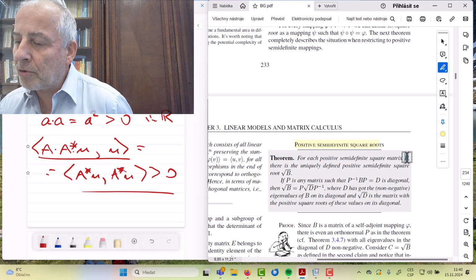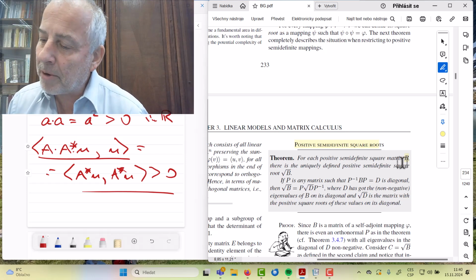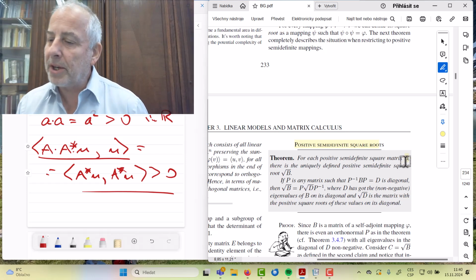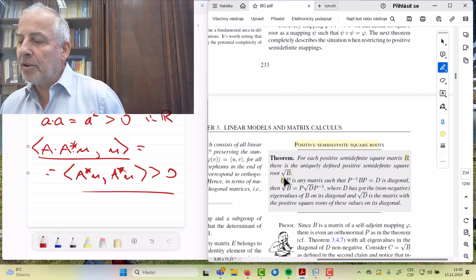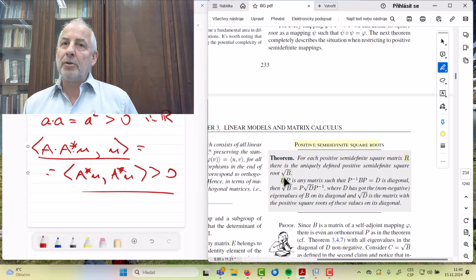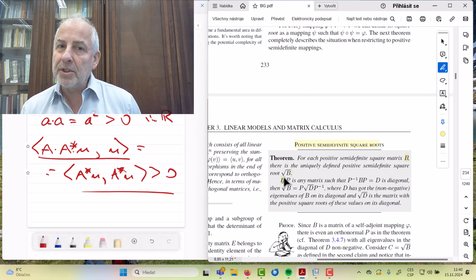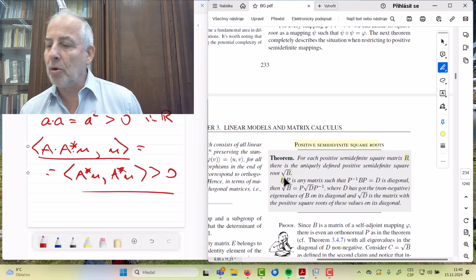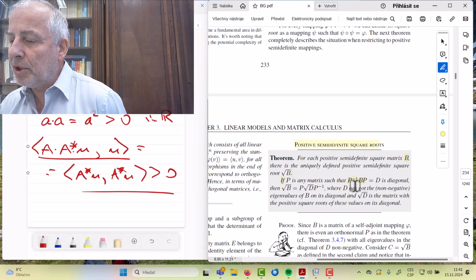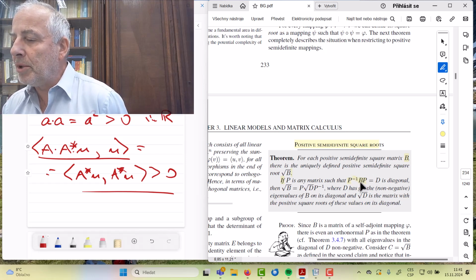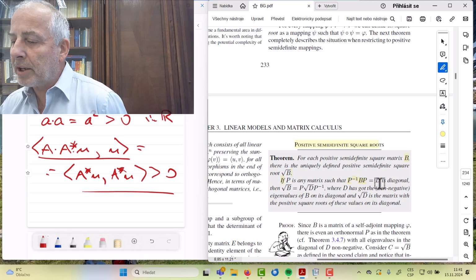So we can write for a positive definite square matrix B, a complex matrix, its square root, and we can do it in such a way that first we notice that each such matrix is diagonalizable in some reasonable orthogonal coordinates. So we find a matrix P such that P inverse times B times P, so B conjugated by P, is a diagonal matrix.